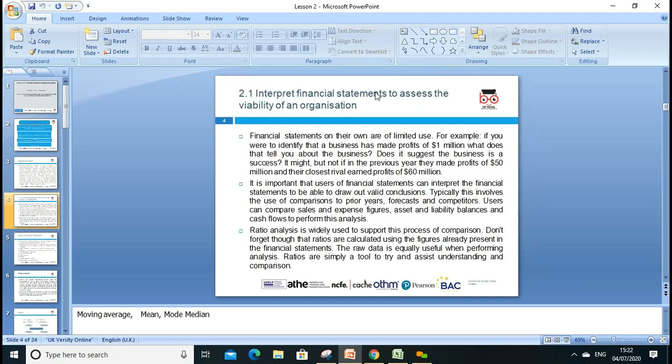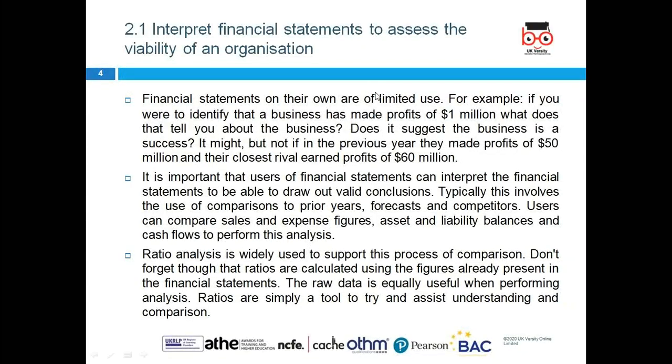So 2.1: interpret the financial statements to assess the viability of an organization. Financial statements on their own are of limited use if you can't really interpret the information, and information is the lifeblood of any business. A business can make viable decisions based on financial information.